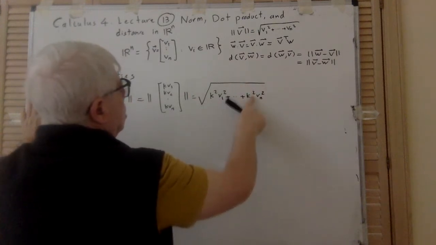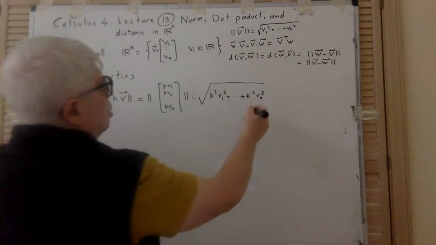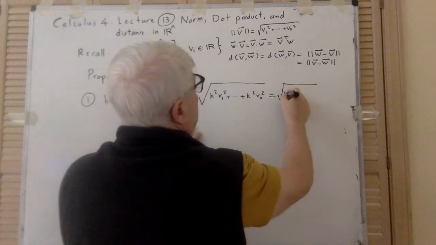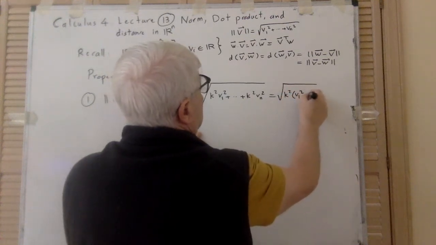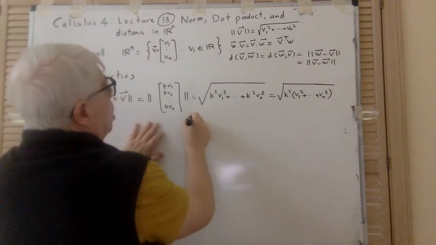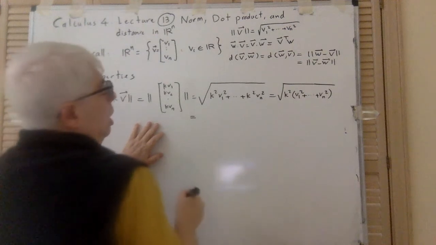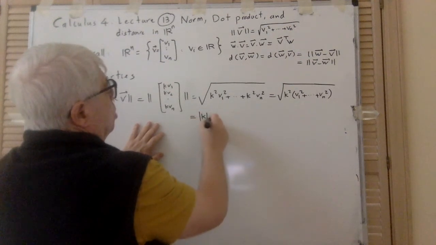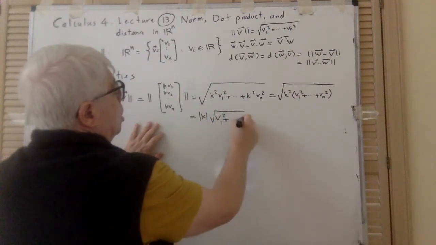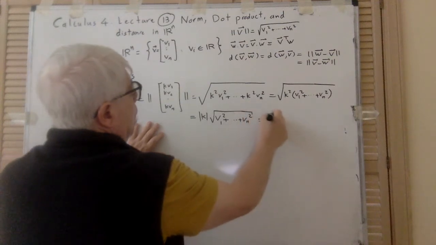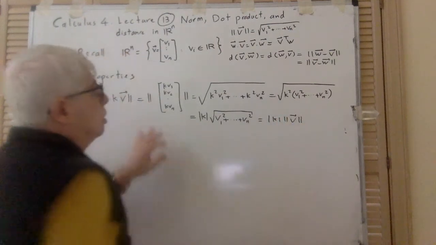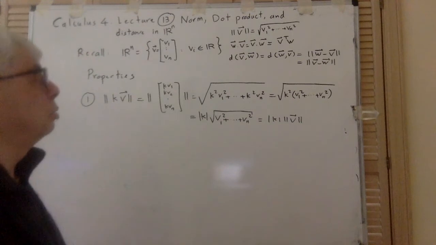Since k is multiplied by all of them, I can factor out k squared, so k can come out of this radical, and when you bring it out you put an absolute value. So this is the absolute value of k times the norm of v.